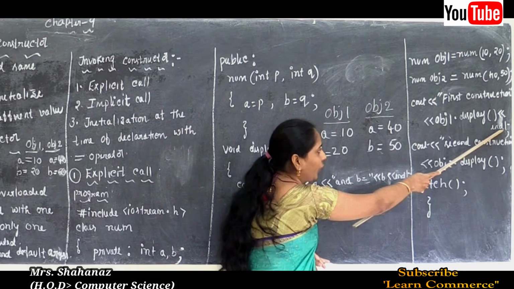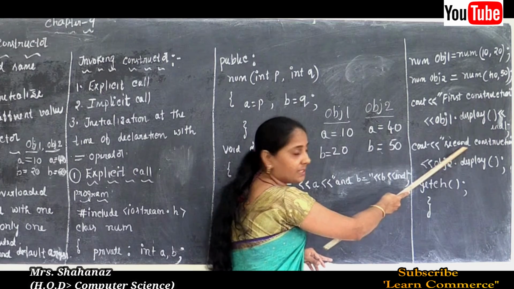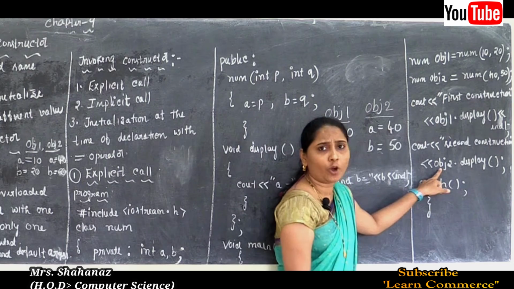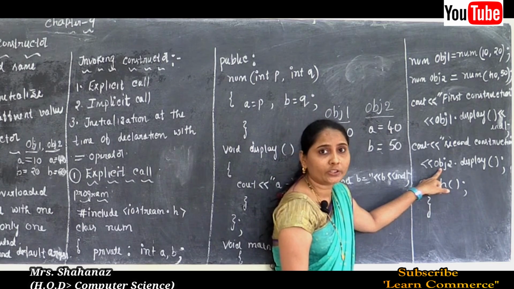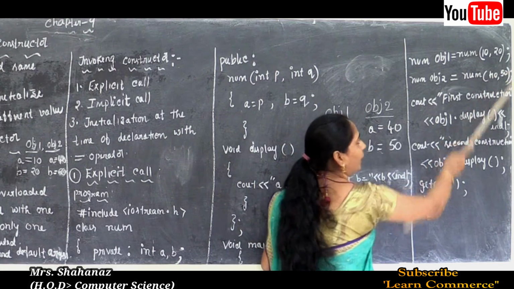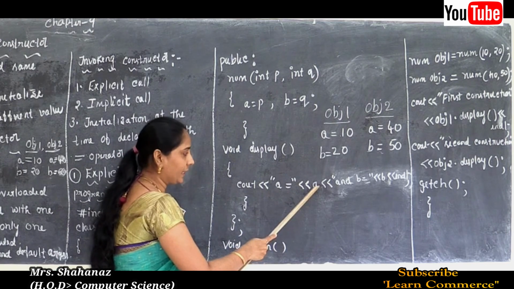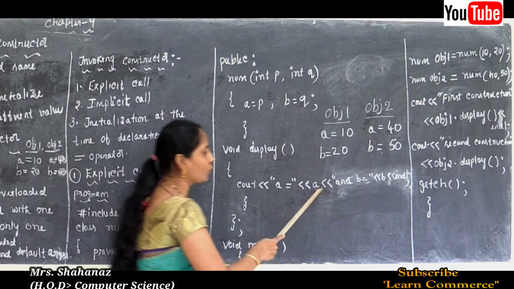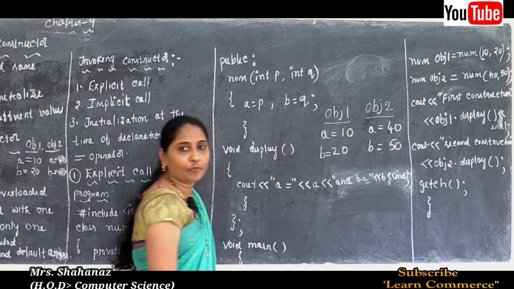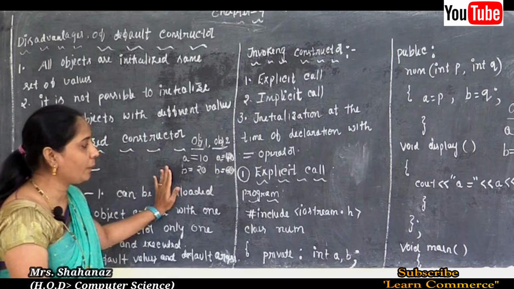So in the second line it is going to display the message second construction, and next, which value is going to be accessed, that means the second object's value, obj2 dot display. In obj2 what are the values? a value is equal to 40 and b value is equal to 50. So it is going to display a is equal to 40 and b value is equal to 50. Such a message is going to display by using the explicit call program.